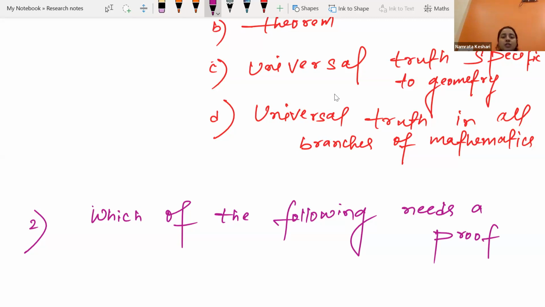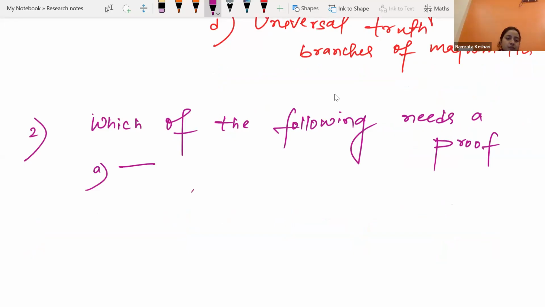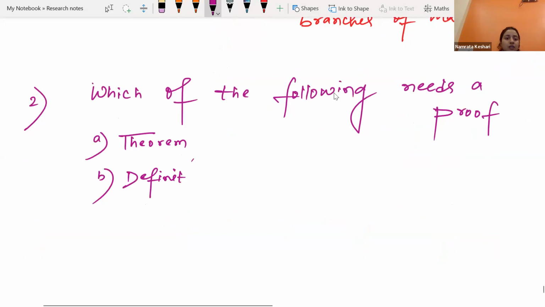But postulate is specific to geometry, right? So option D is the correct option.